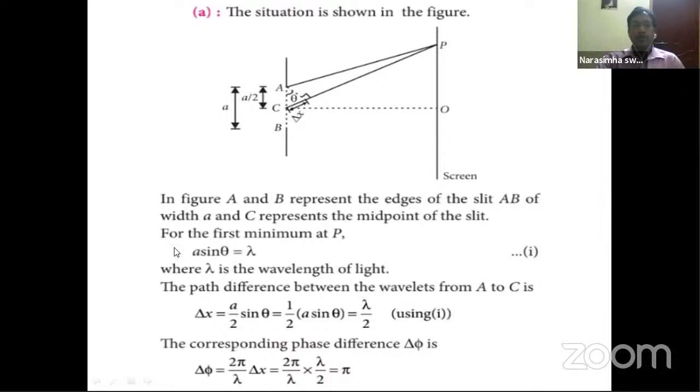So the path difference, delta x, is equal to lambda by 2.